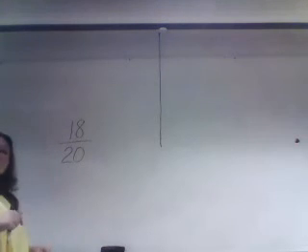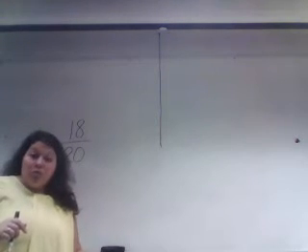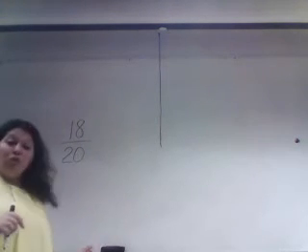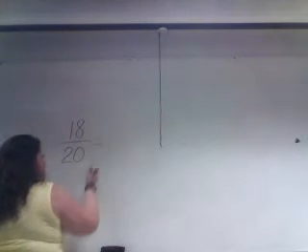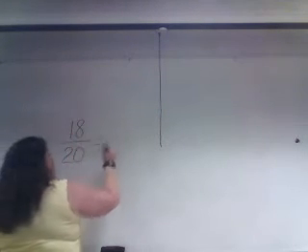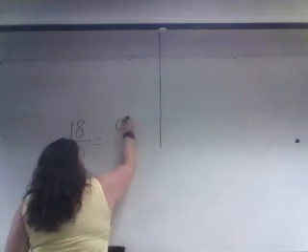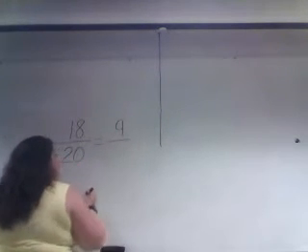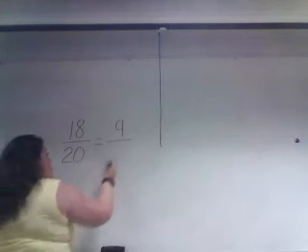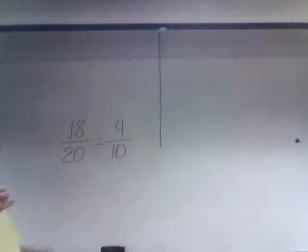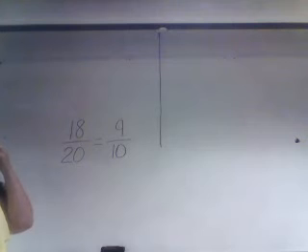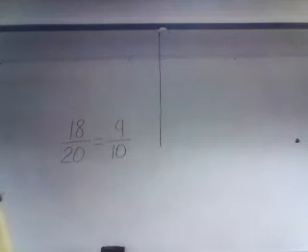So what I'm going to do is reduce this by 2, because I know that 2 can go into both numbers evenly. So I'm going to draw my equal sign. 18 divided by 2 is 9. 20 divided by 2 is 10. Now I said I was going to do this in small steps, but do I have any steps left?